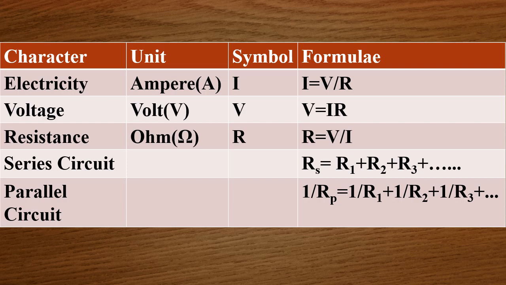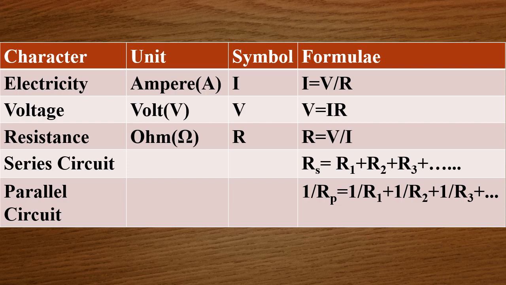Electricity's unit is ampere, A, and the symbol is I. The formula of electricity is I is equal to V divided by R. Voltage: the unit is volt and the symbol is also V. The formula of voltage is V is equal to I into R. Resistance: the unit is ohm and the symbol is beside like this. The symbol of resistance is R, and the formula is R is equal to V divided by I.